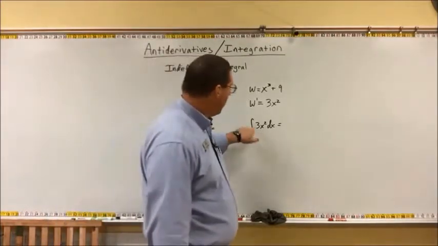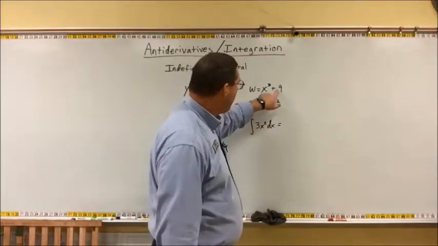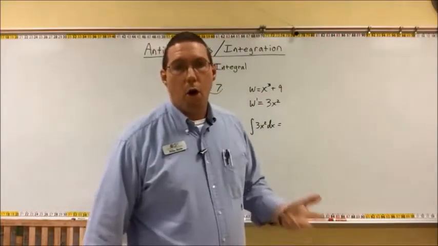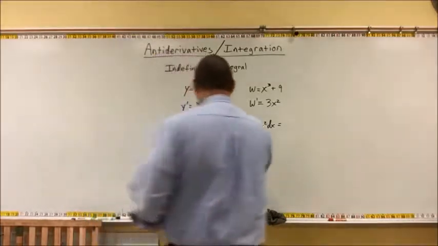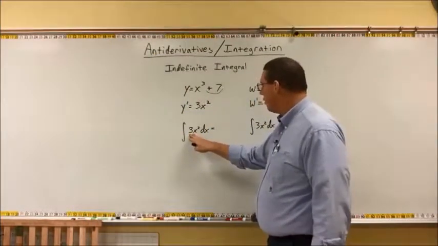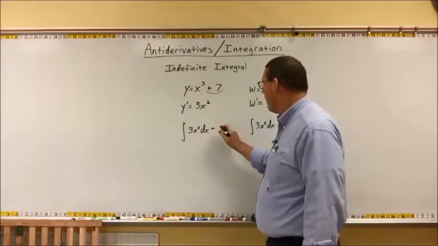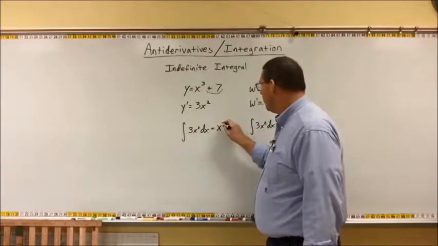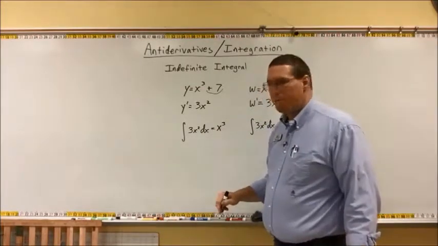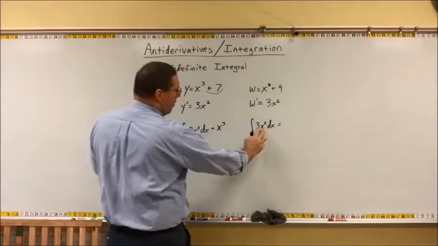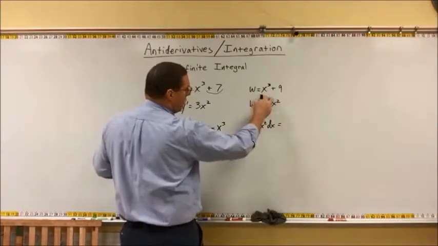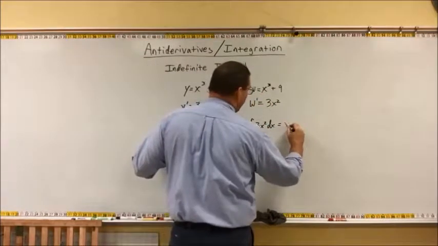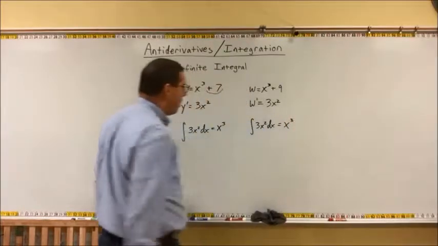And there's nothing here to indicate that there should be a plus 9 on the integral. So we know that the antiderivative of 3x squared, because it came from x to the third power, would be x to the third power. And the same thing over here. This derivative came from x cubed, and so its antiderivative should be x to the third power.